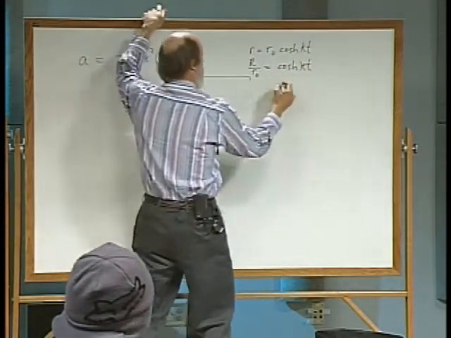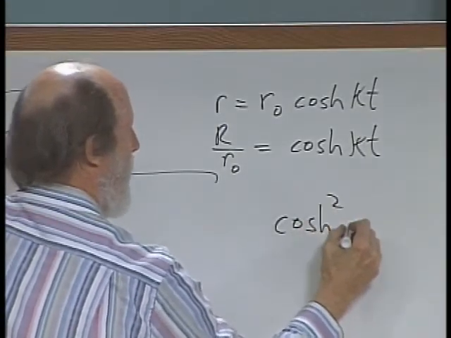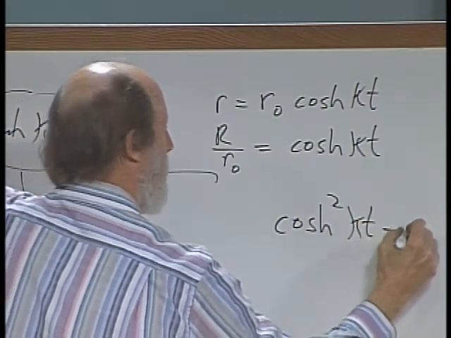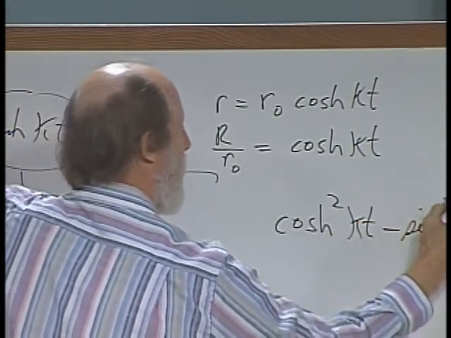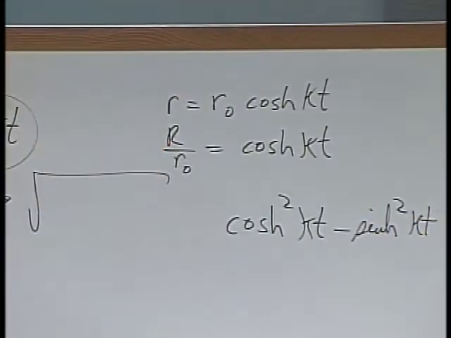And what we needed is this identity, that cosh squared minus sinh squared is 1.